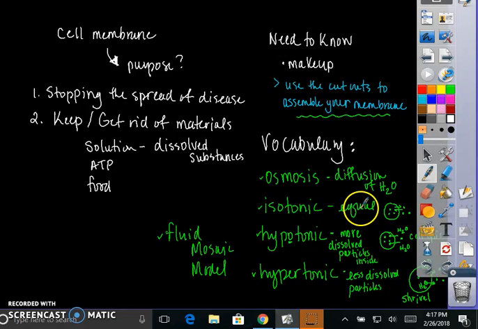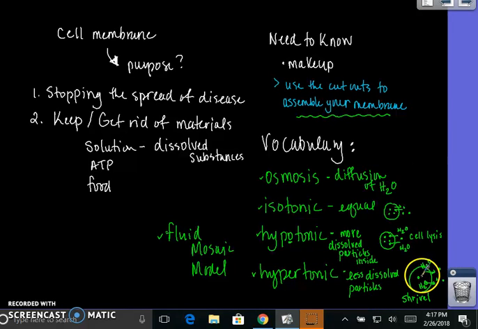Isotonic solutions are equal, so the water is able to move into and out of the cell freely. In a hypotonic solution, you have more dissolved particles inside, so therefore water is going to flood into the cell, trying to equalize itself. And in hypertonic solutions, we have less dissolved particles inside, and therefore the water that's inside the cell, because there's more of it, will leave the cell.